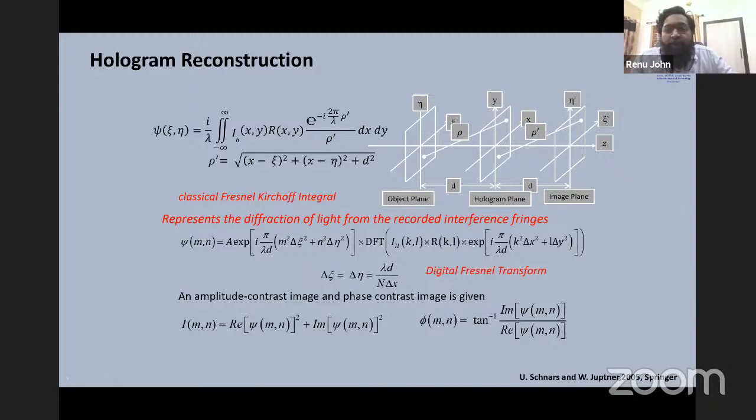I don't want to go into detail on these equations, but you can really look at them. I is the recorded hologram multiplied by the reference beam, and this is nothing but the Fresnel kernel or the Fraunhofer kernel. Depending on the scale factor, you can propagate it over a distance and reconstruct the object back.